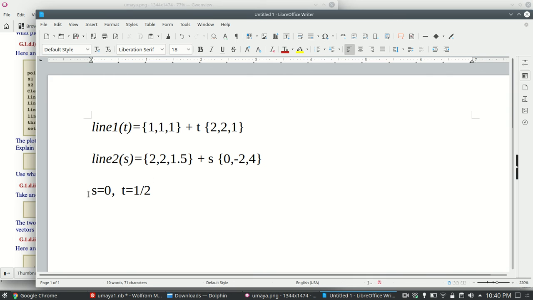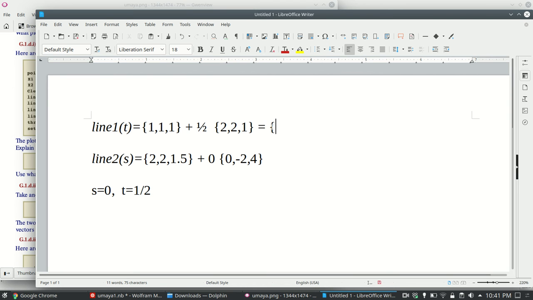Well, let's do the s first. So the s equals 0, you put a 0 here, and you get just this. So this is the point where s equals 0. And since these two lines intersect at that point, we should get the same answer for t equals 1/2. So let's do that. Let's put t equals 1/2 here, and then what point do we get here?